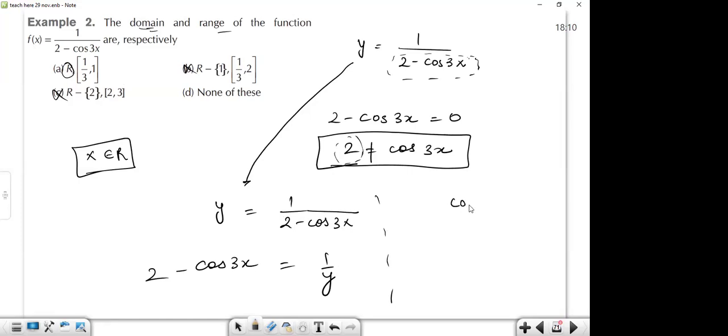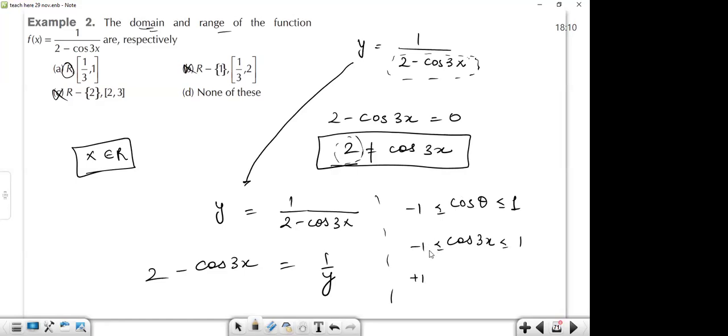Separately we know the cosine function, cos of theta, has a maximum value of 1 and a minimum value of -1. So if we write 3x in place of theta also, the function's range will remain the same. And if we multiply by a negative sign throughout this inequality, -1 will become +1.